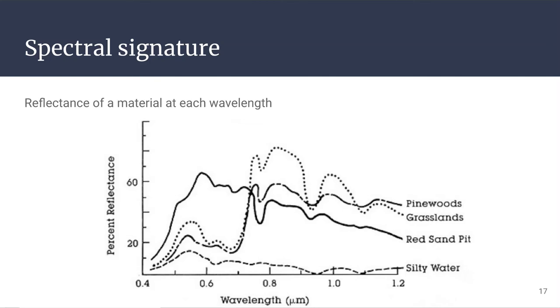Grasslands are pretty low in most of the visible part of the spectrum. They get higher in those yellow and reddish parts, but then they really peak in the near infrared, just beyond the visible part of the spectrum. Around 0.8 to 0.9 micrometers, grasslands have a really high reflectance value.